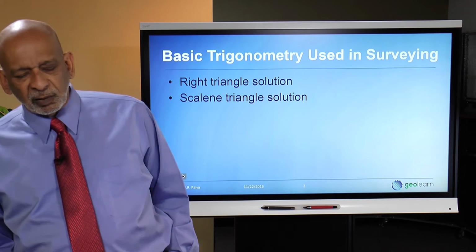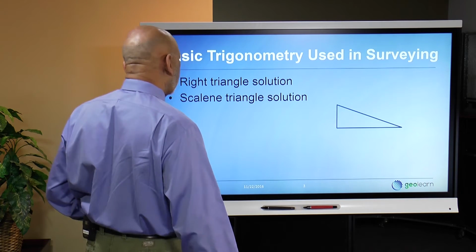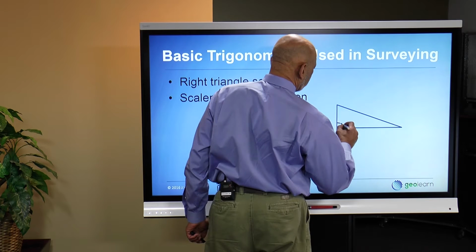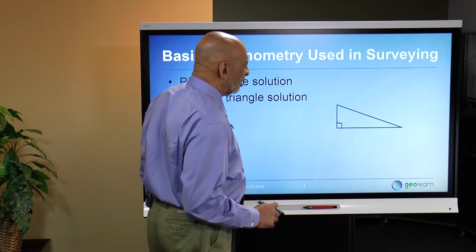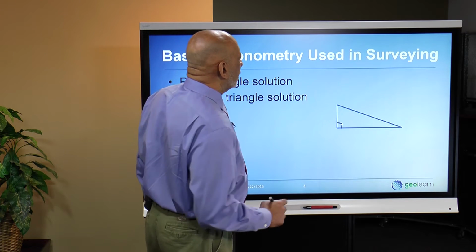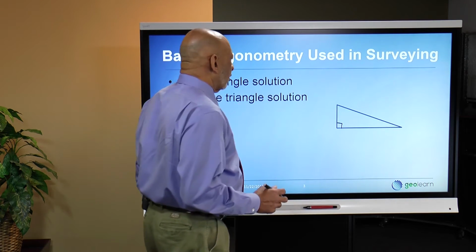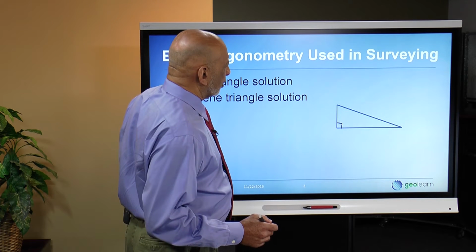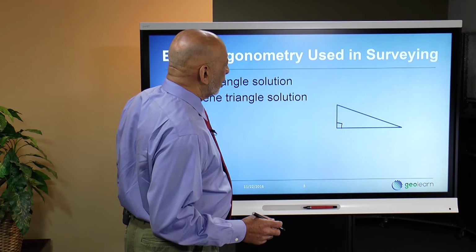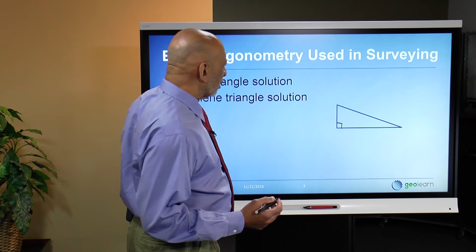So we talk about right triangle solutions, and by that I mean when we have a right triangle, and a right triangle simply means that one of the angles in the triangle is 90 degrees, we are able to use the basic functions, the sine, the cosine, and the tangent to calculate the missing sides in these triangles.